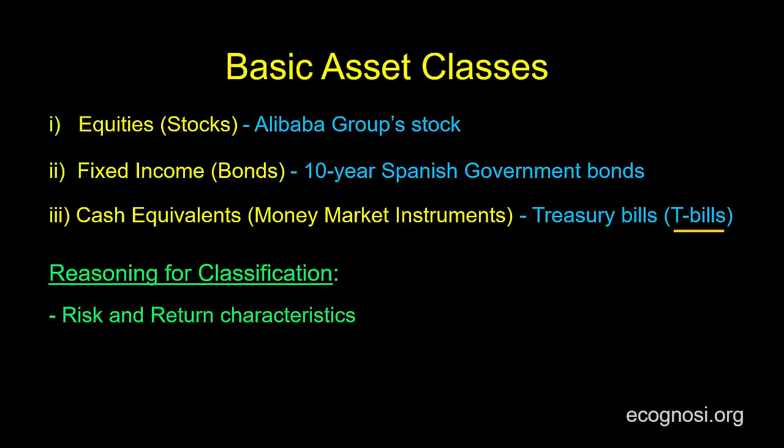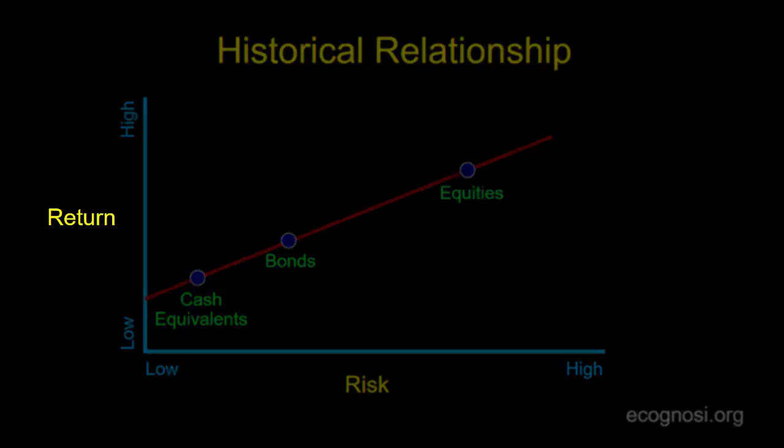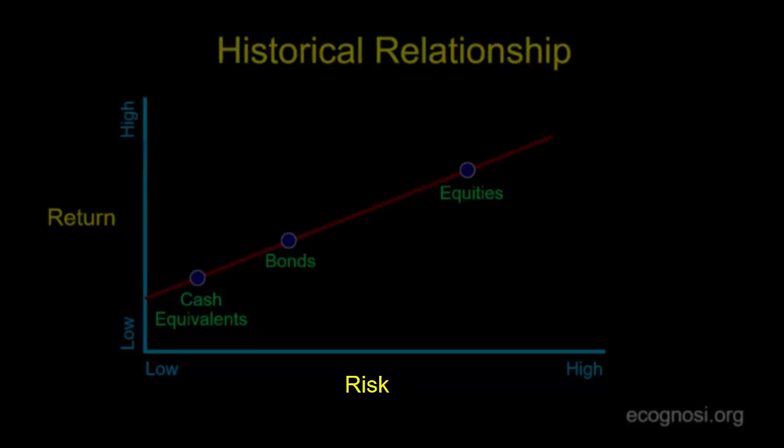And for illustrative purposes, I've prepared a graph on the next slide. So this is more or less the historical relationship between risk and return for portfolios of securities comprising of the three asset classes. Notice that we have return on the vertical or y-axis and risk on the horizontal or x-axis.